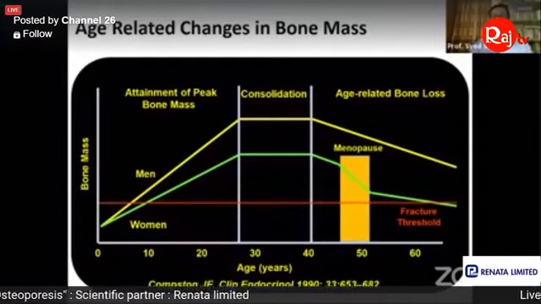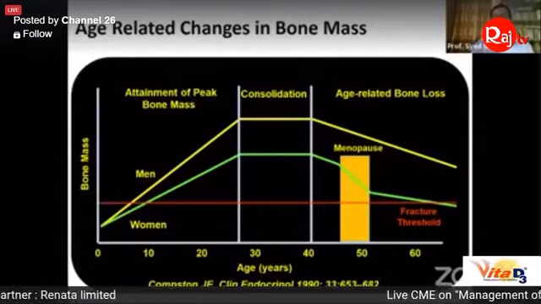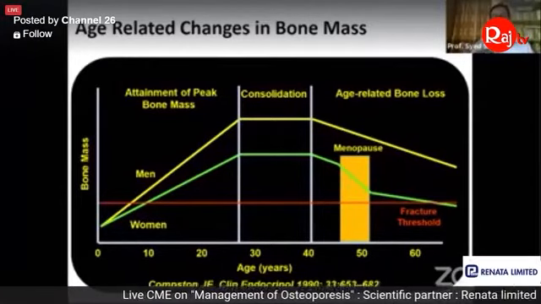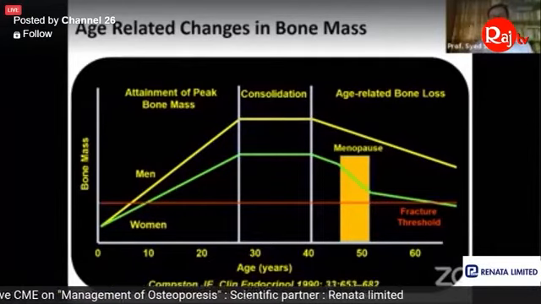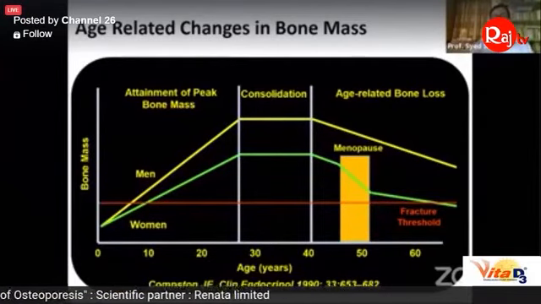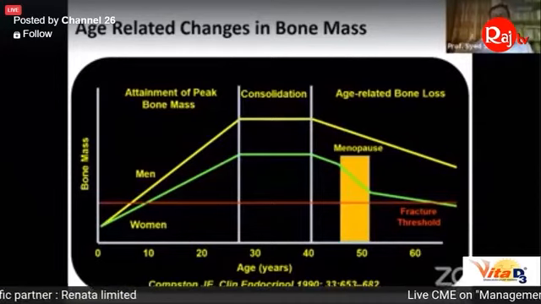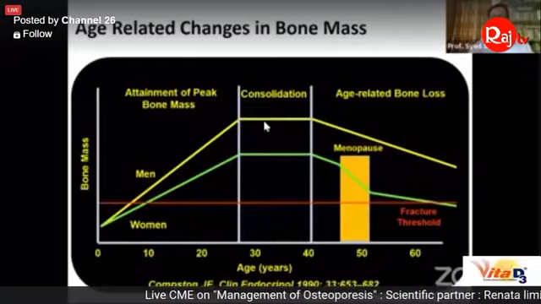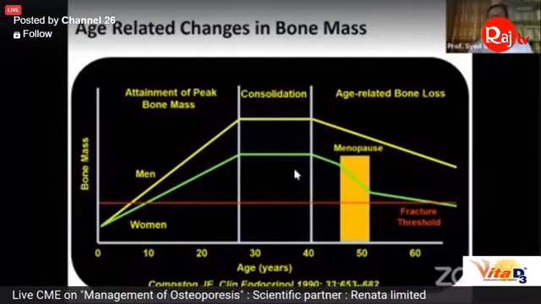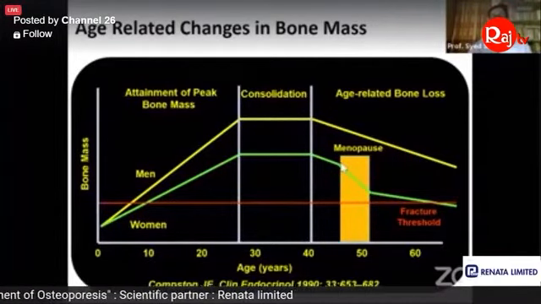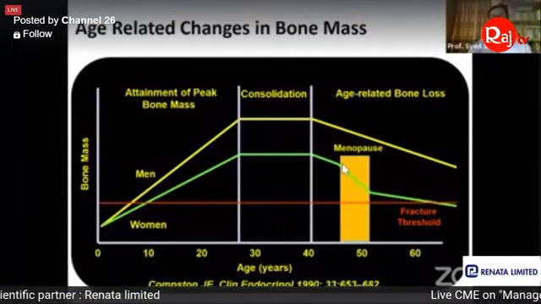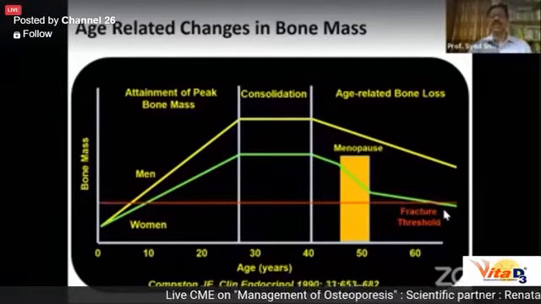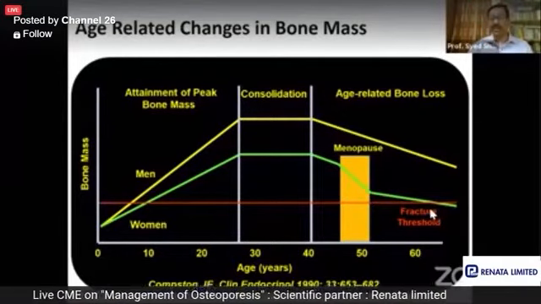In the same way, you should deposit your bone and attain a high peak bone mass for the future, so that you do not develop osteoporosis or any fragility fracture. There is a consolidation period, and then a sudden fall after 45 years, when menopause starts. It crosses the fracture threshold. This is very important, and therefore fragility fractures occur.